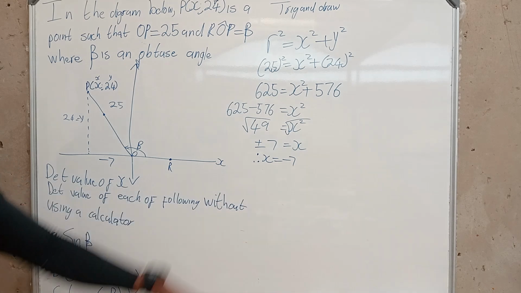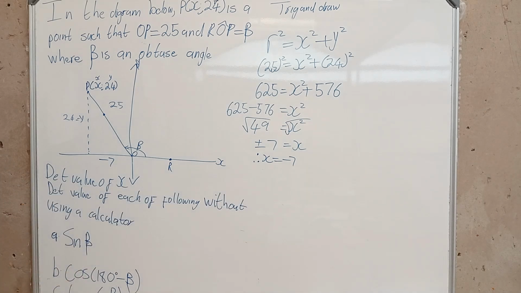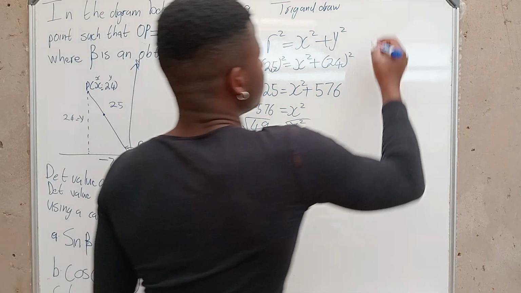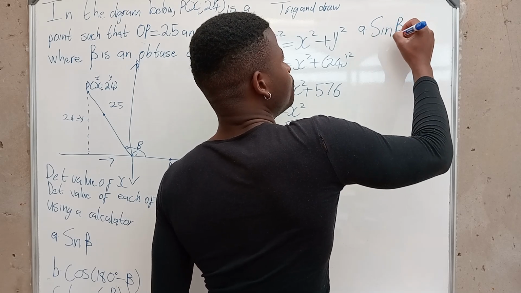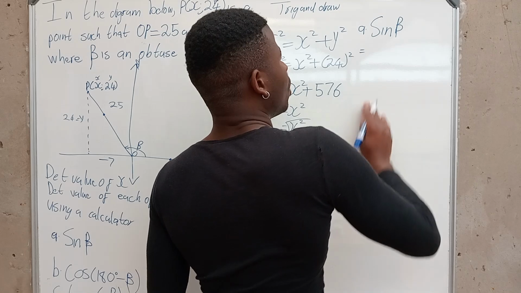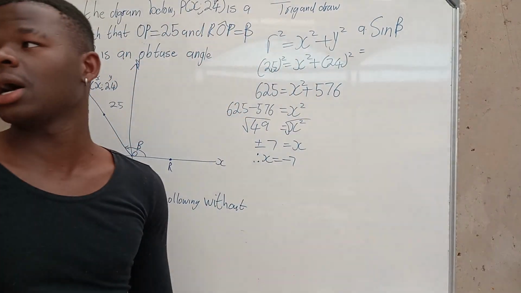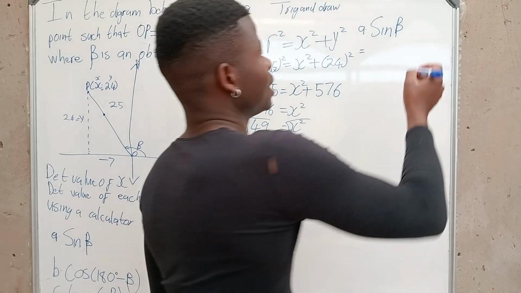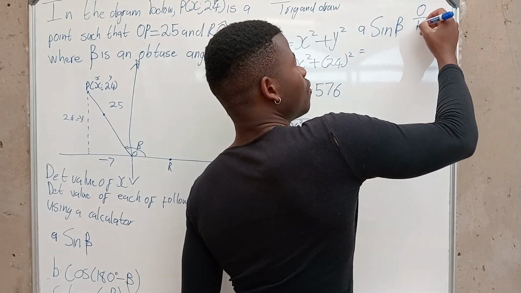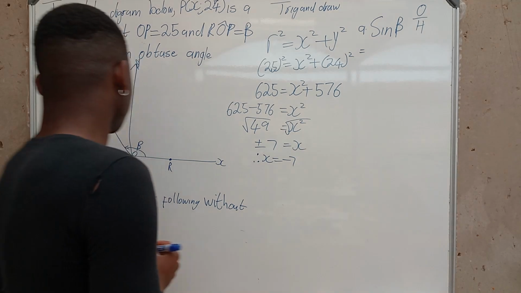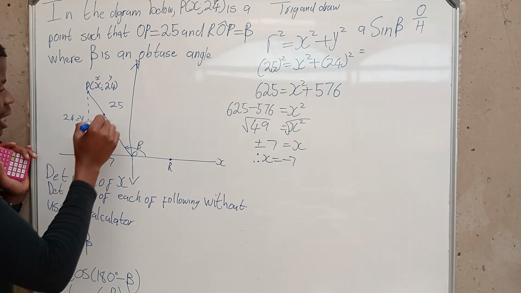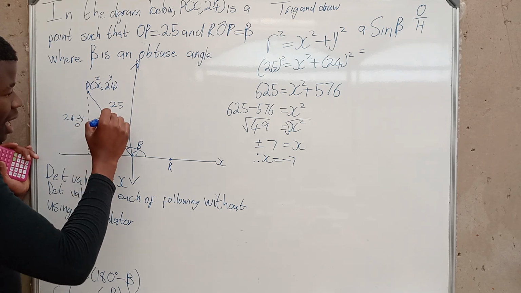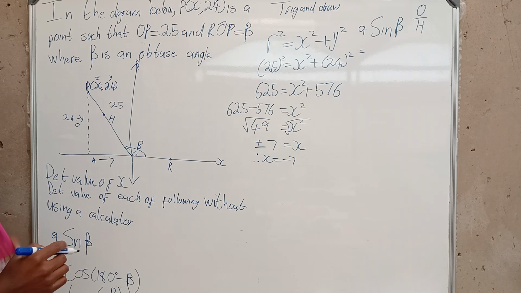So how do you find the sine of beta? Now I'm moving to A. A says sine beta. What do you know about the trig ratio sine? It is opposite over hypotenuse. In reference to this angle here, we have our opposite side, our adjacent, and our hypotenuse.